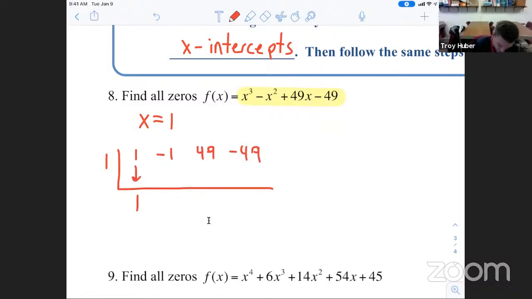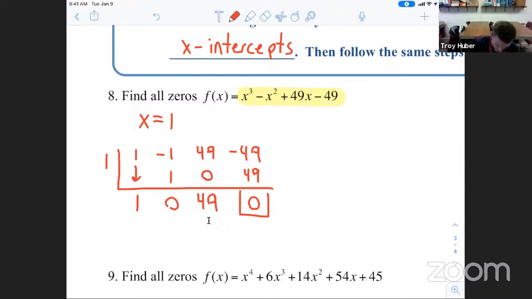Bring it down, multiply. Add them together, multiply. Add them together, multiply. Add them together, and sure enough, we got 0, which is good because it's an x-intercept or a 0, so we should have gotten no remainder.